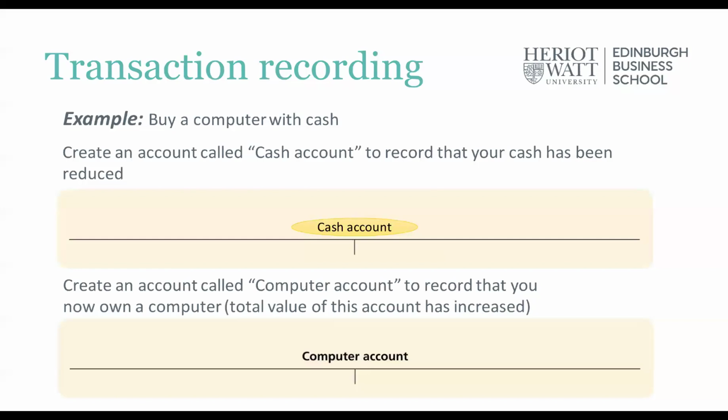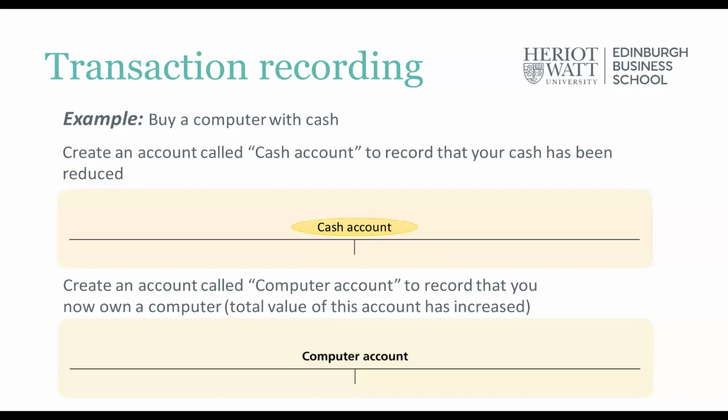So now, if you want to record, for example, you buy a computer with cash, you have to create an account that we call a cash account. That is called a nominal account. You have a cash account where you're going to record your cash that has been what? Reduced. Okay. The cash account is here. Then you have the computer account again.